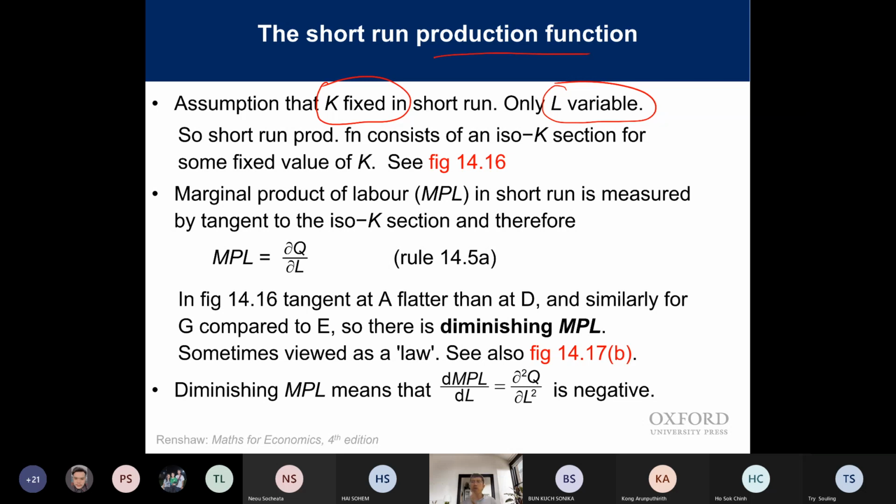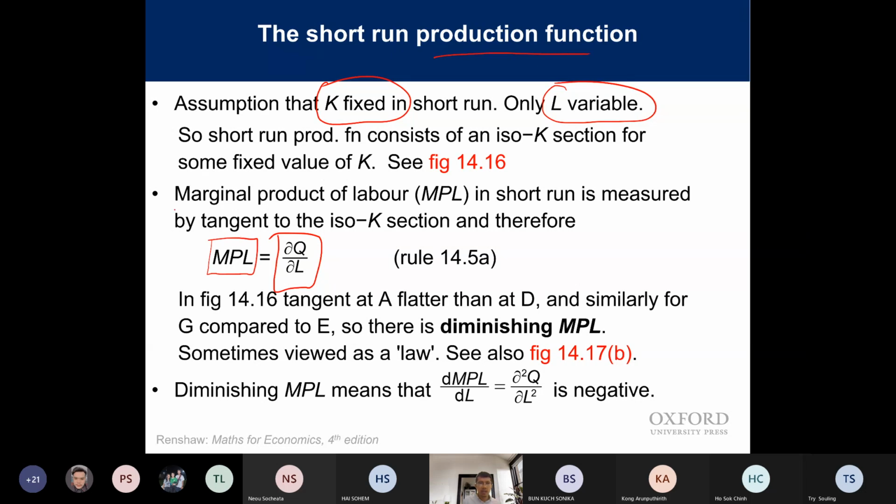Due to recruiting more people or firing people, while keeping the capital fixed, while keeping the same level of machines, right? So that will be exactly the partial derivative of the production function with respect to L. Okay, with respect to L, and we denote it by MPL.